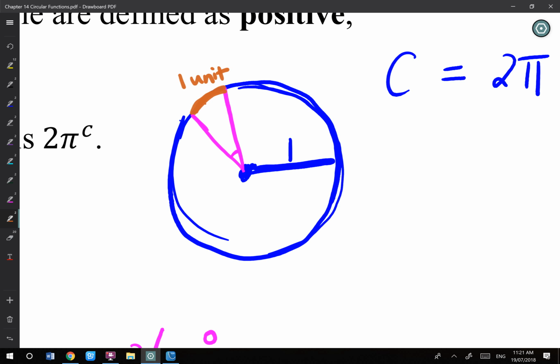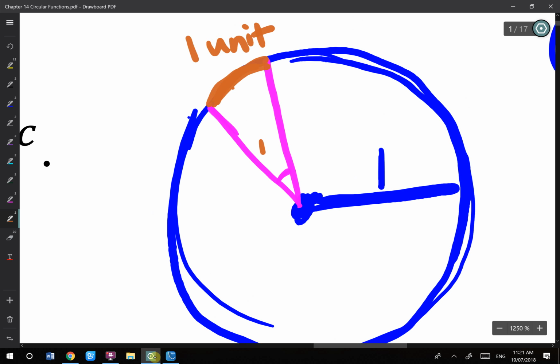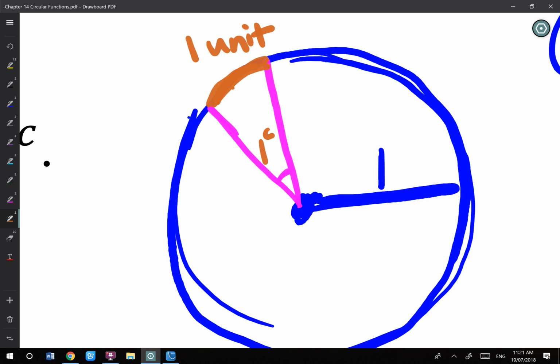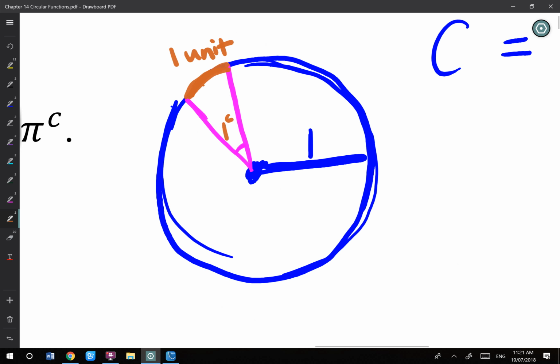Then this angle is called 1 radian. So it's 1c. You know degree is the small circle on the top right corner, but 1c is the notation we use for radian.